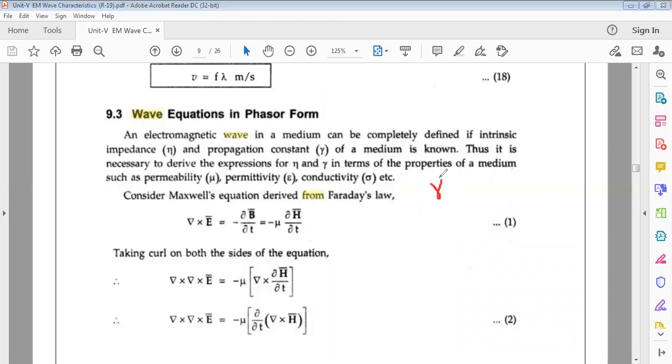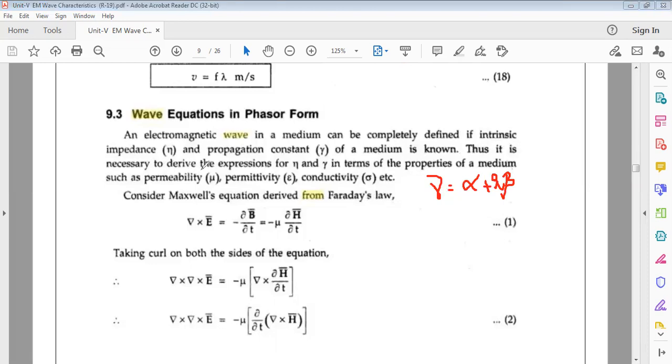The propagation constant gamma is equal to alpha plus j beta, where alpha is the attenuation constant and beta is the phase constant. The same propagation constant we use in the transmission line. Here in the wave equations, gamma is represented as the propagation constant. So my dear students, don't confuse here.